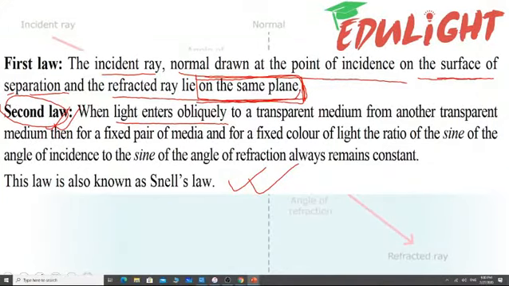When light is incident obliquely on a transparent medium, that means the medium is visible.